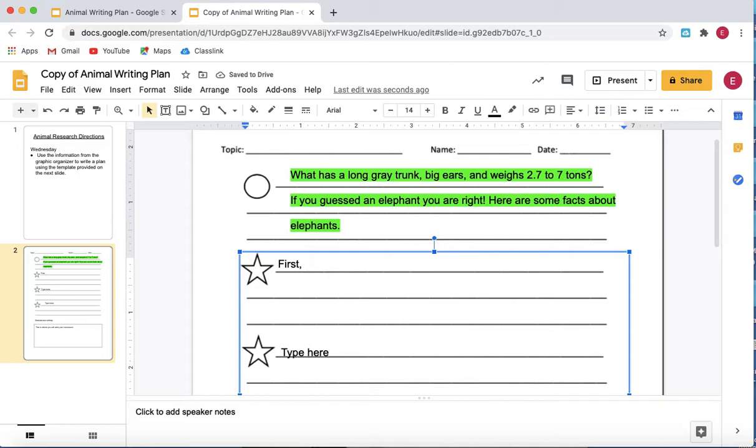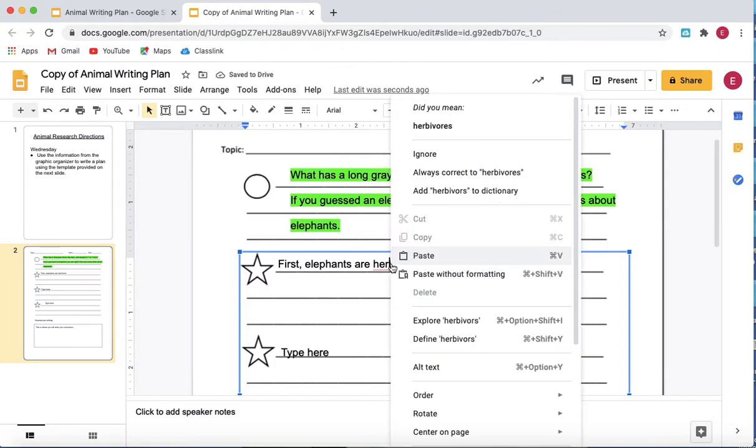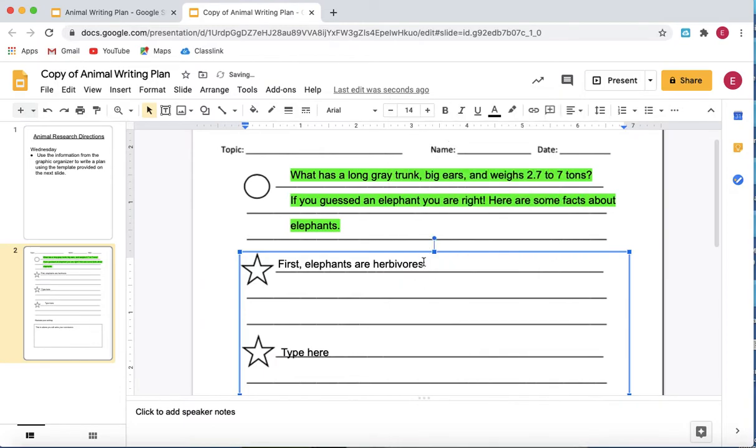Okay, first, elephants are herbivores, which means they only eat plants.